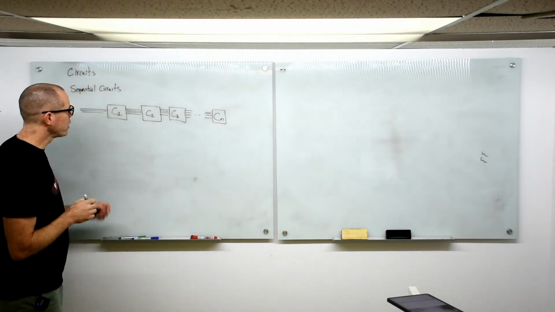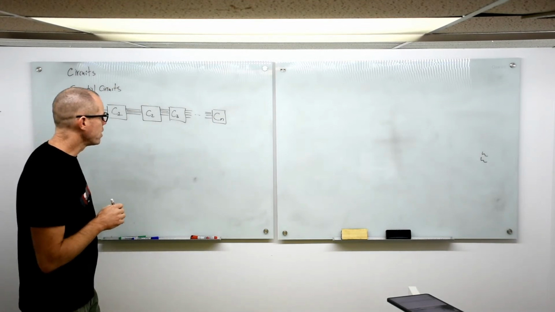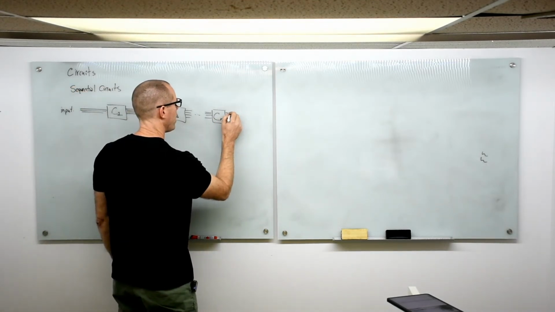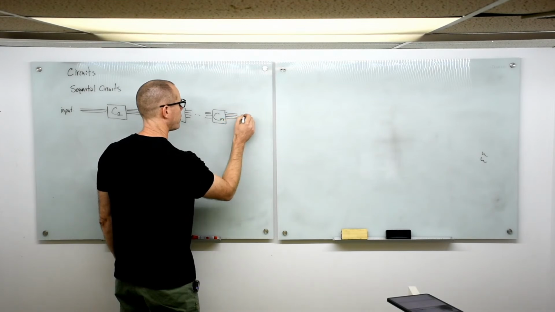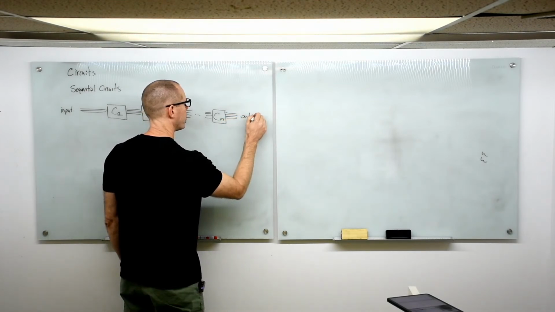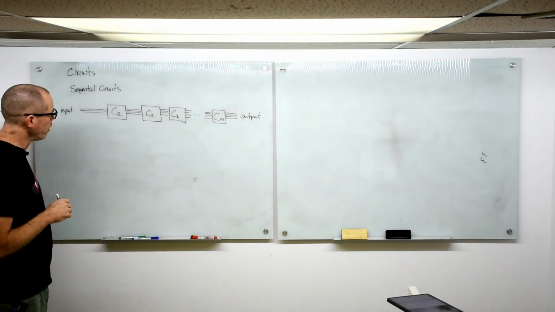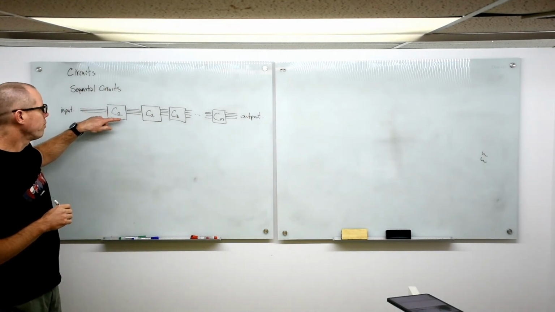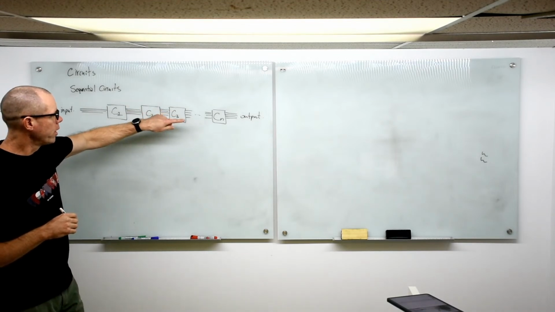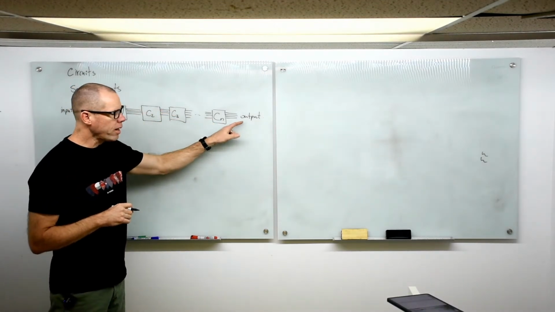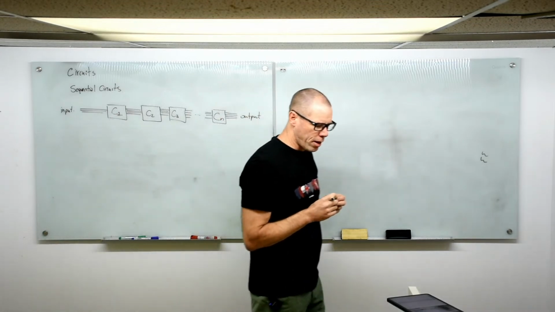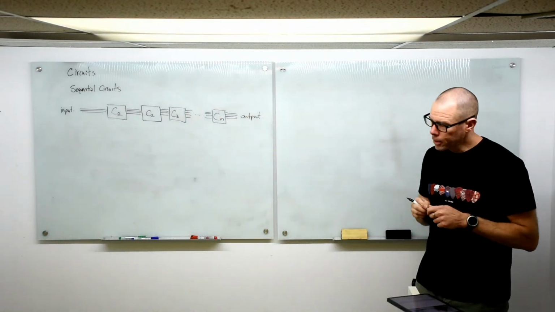So the last circuit in this sequence is Cn, and then finally the output comes out. Okay, so input comes in over here, passes through C1, passes through C2, through C3, and so on, all the way up to Cn, and then the output comes out. Okay?